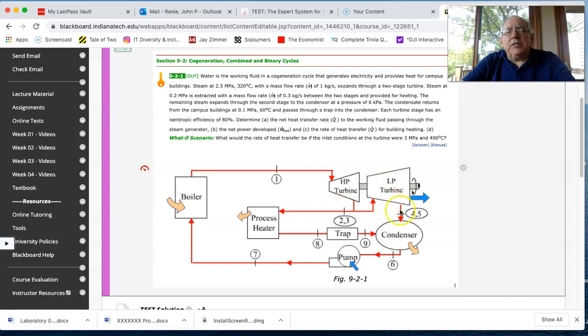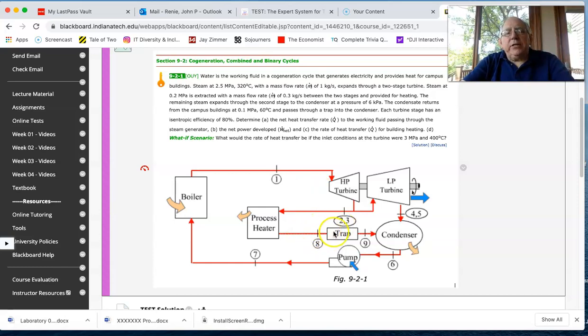By splitting them in that fashion, we could then look at the high pressure turbine and the low pressure turbine with the corresponding energies coming in and going out. Coming back from the process heater at a little bit lower pressure and at a given temperature, we were able to establish state 8.